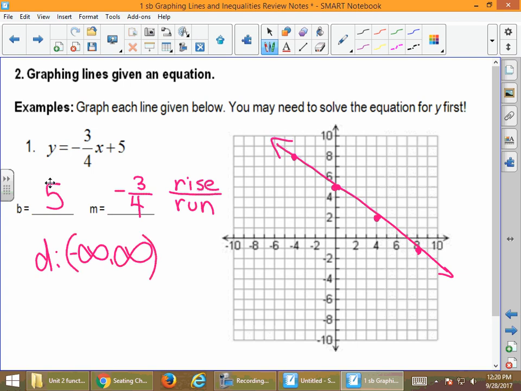And not only is the domain negative infinity to infinity, the range is also. Now again, there is nowhere in the notes that it asked you that question, but it is something that we addressed in the last unit somewhat. And I want to remind you that any line with a slant has domain and range of negative infinity to infinity.